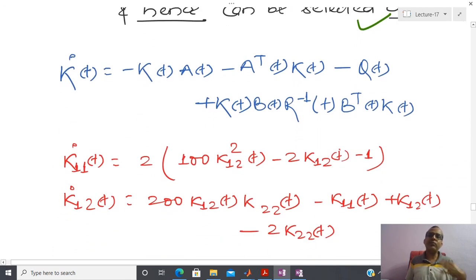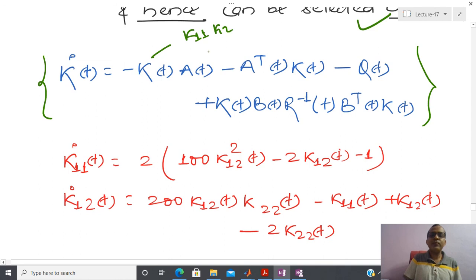After that, I have told you that I have two different ways. One of the easier ways, because nowadays we have several software tools to solve the Riccati equation, is this: if I have a simple problem, you can see that K(t) is actually K11, K12, and this is a symmetric matrix, so K12 and K22. Due to that reason, instead of 1, 2, 3, 4 equations, I have just 3 equations, if you assume that K(t) equals K transpose(t) for all t, that is a symmetric matrix.